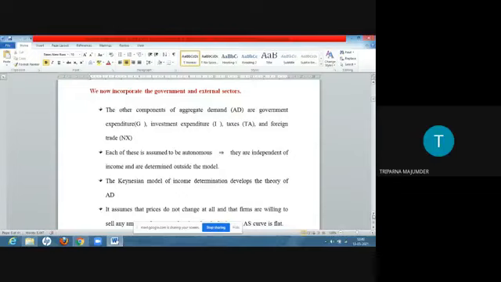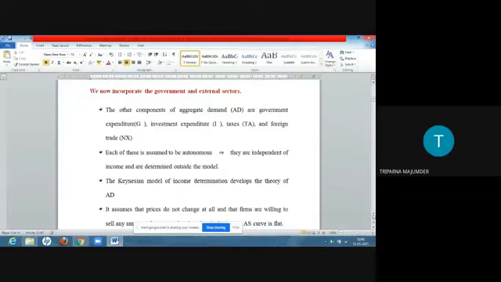What does autonomous mean? They do not depend on this model. That is, if Y, that is output or income, is our independent variable, then G, I, TA, NX do not depend on Y. Each of these is assumed to be autonomous, implying that they are independent of income and are determined outside the model.